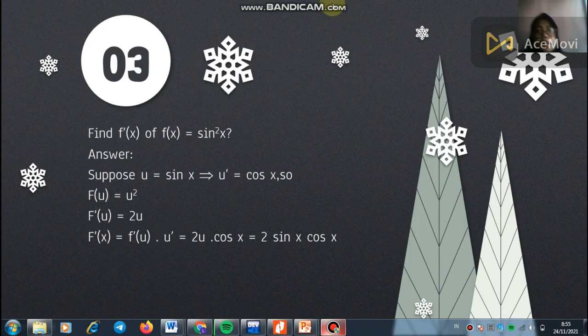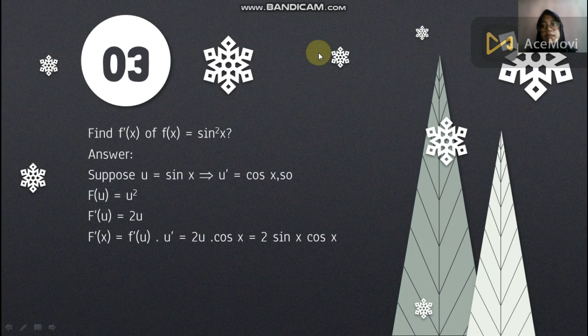Next, example: find f'(x) if f(x) = sin² x. Answer: suppose u = sin x, u' = cos x.